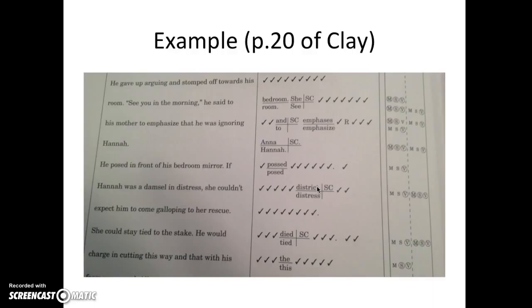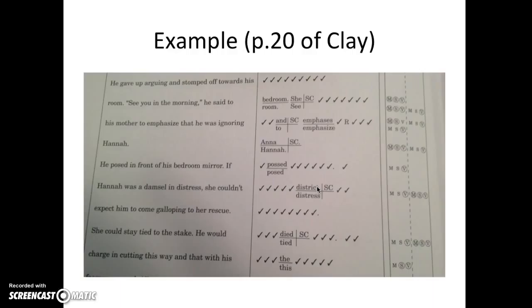So those words are in many ways synonymous. Syntactically, the sentence still makes sense. The substitution is a noun replacing a noun. And then bedroom, room, you can imagine is a visual error, right? Because if they read it straight from this text, it's at the beginning of a line break. It includes the word room as part of its root, and that would make a lot of sense in terms of that kind of error.